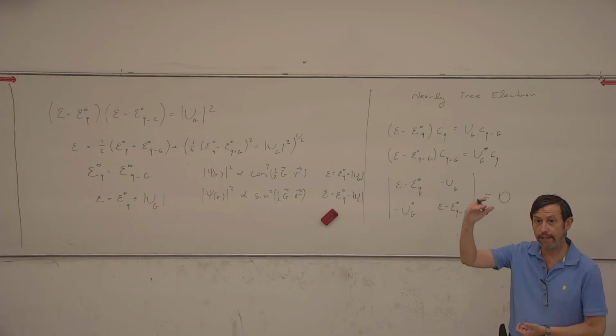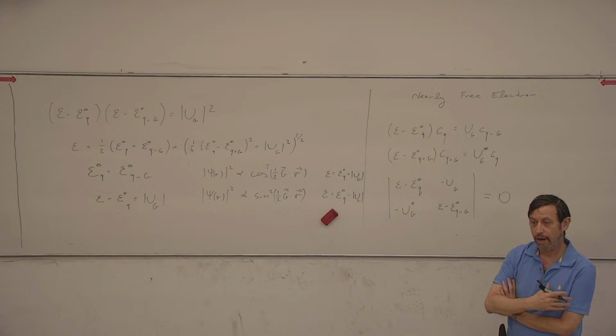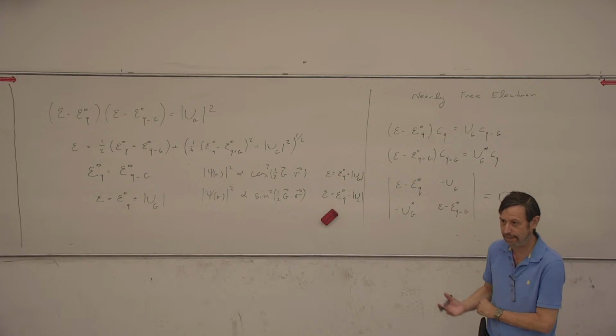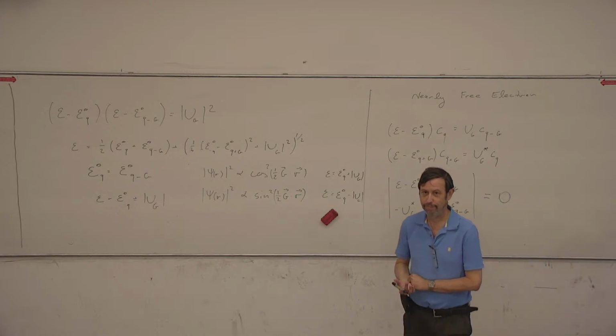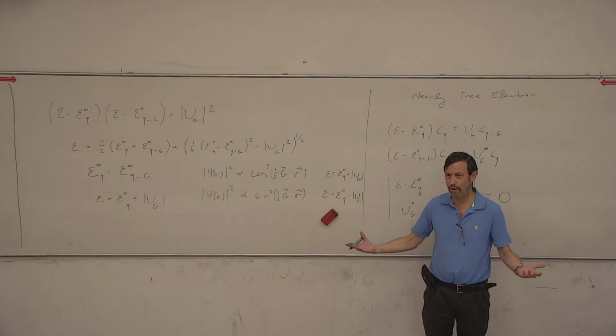So at the highest and lowest point of the band, our wave is hardly propagating. It's the furthest from a free electron that we can get in the system. So although it's a linear combination of propagating waves, it itself doesn't propagate.